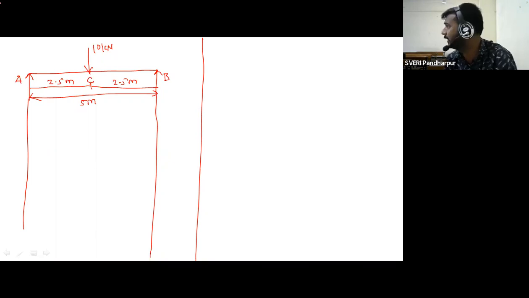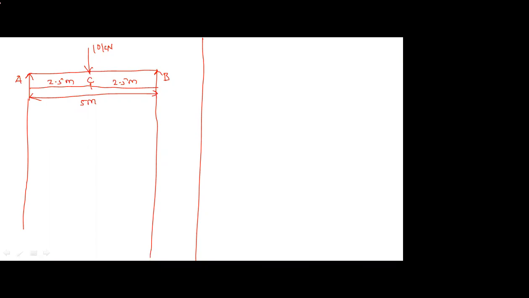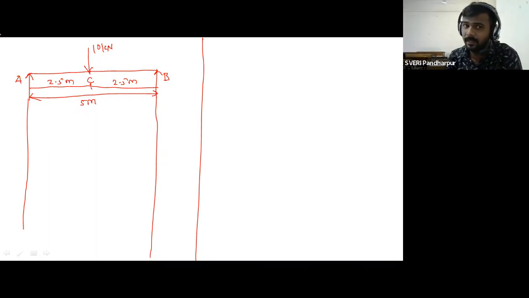Can we calculate the reactions here? Tell me, how much will the reactions be? The force which is moving in downward direction: how many forces are there? One. It is of magnitude 10 kilonewton.